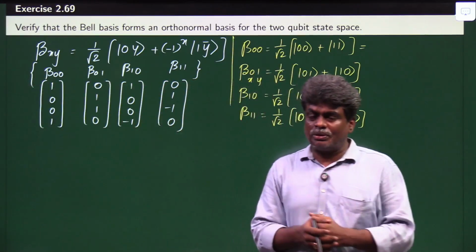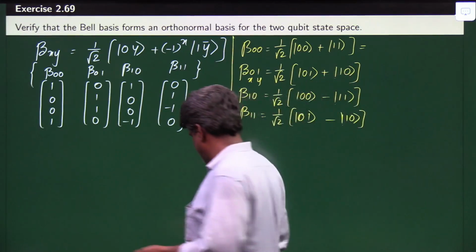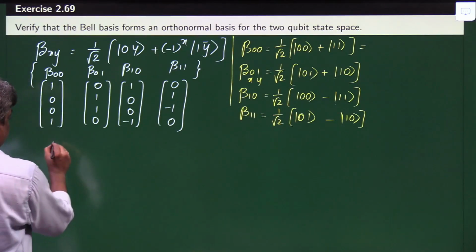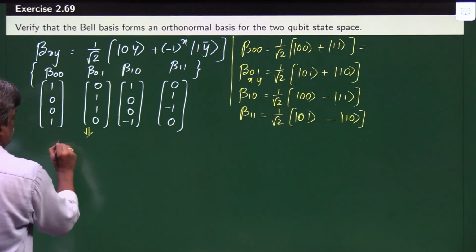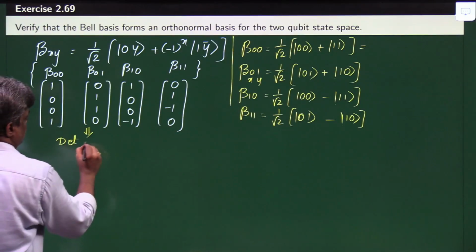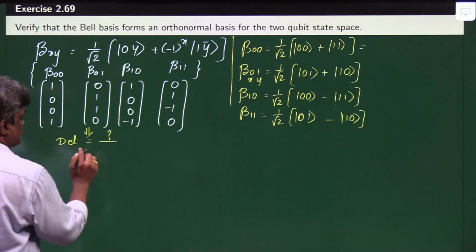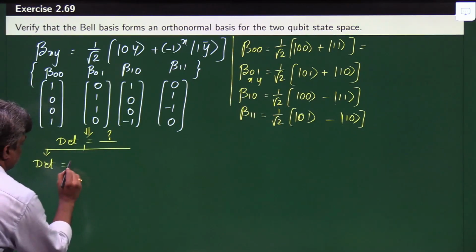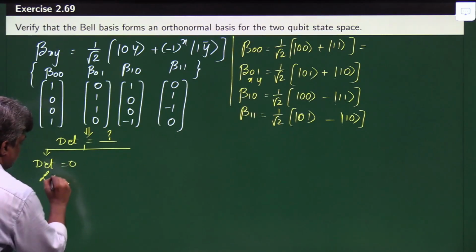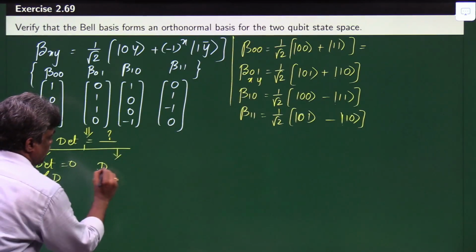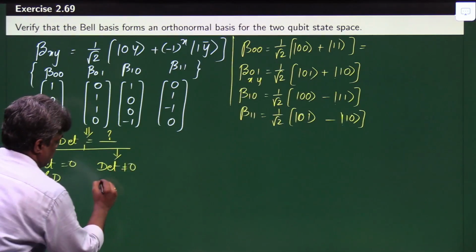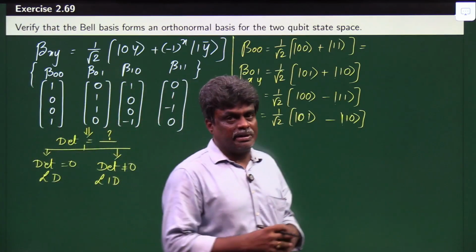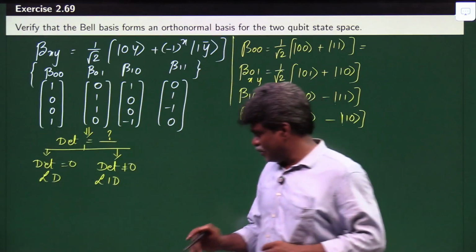If the determinant is not equal to 0, linearly independent. So I am using that technique of finding the determinant of these states. If I get a determinant equal to 0, then I can say linearly dependent, and if the determinant is not equal to 0, I can say linearly independent. So a set of linearly independent vectors forms a basis, no doubt.